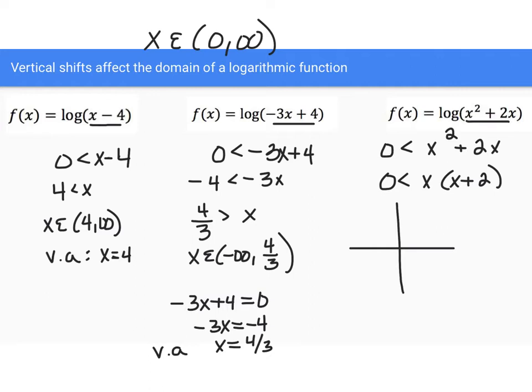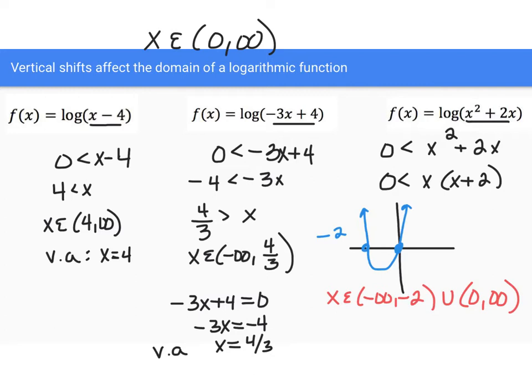We're going to have an x-intercept at 0 and an x-intercept at -2. This is a positive parabola. So kind of doing just a quick sketch of the graph again, looking at where that inequality is greater than 0, and that would be in between -infinity and -2 in union with 0 to infinity.